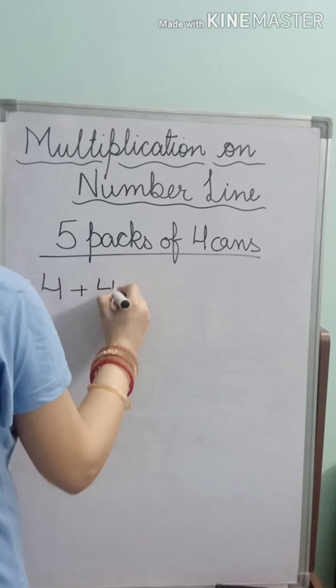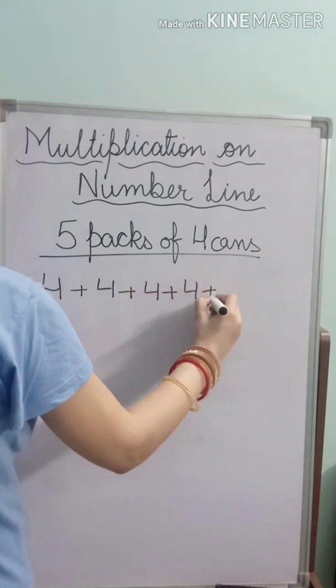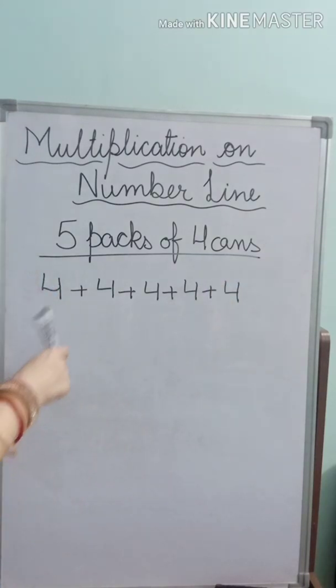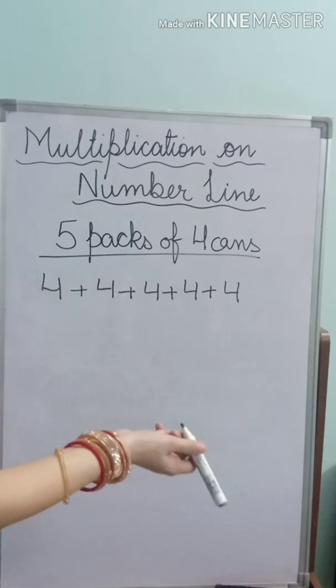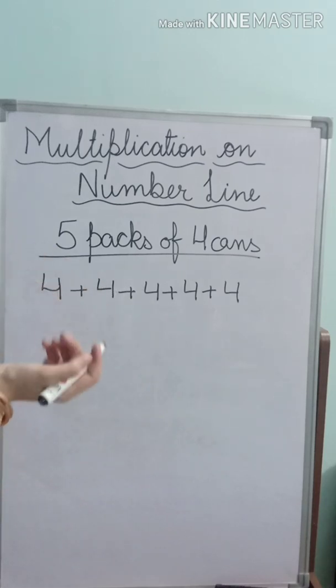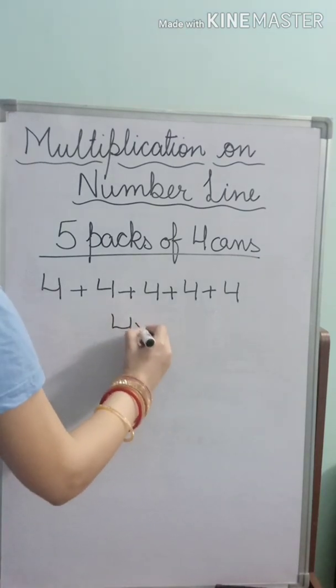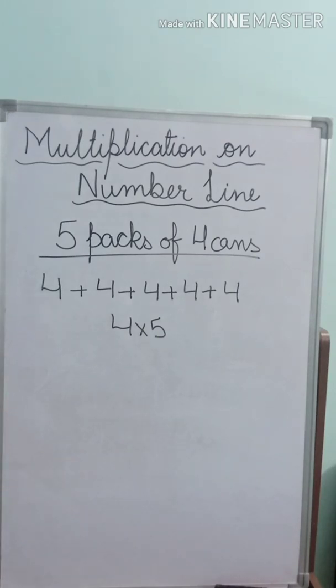So 1, 2, 3, 4 and 5. We can say it as 4 added 5 times or 5 times 4. So now 5 times 4 is same as 4 multiply 5, right? As we have done, repeated addition is also multiplication.